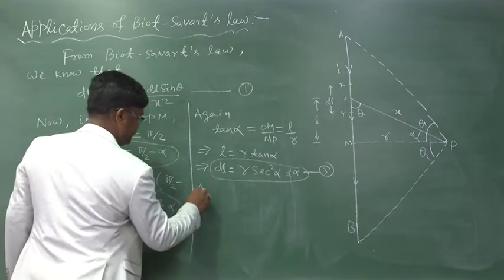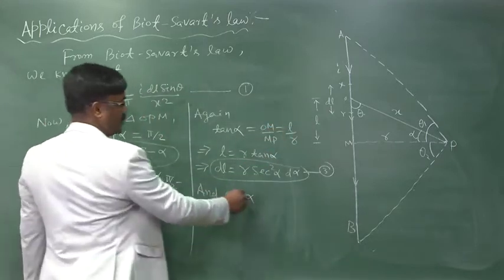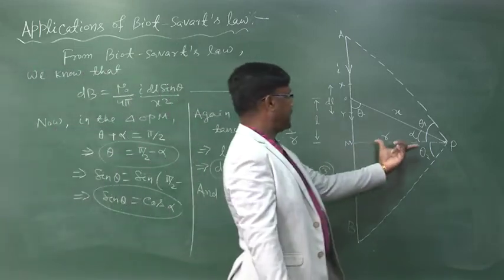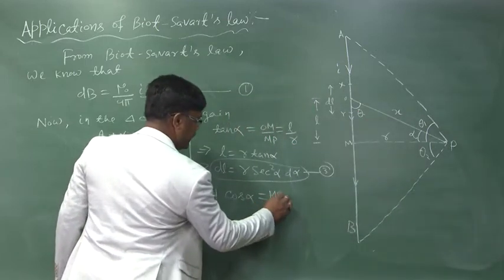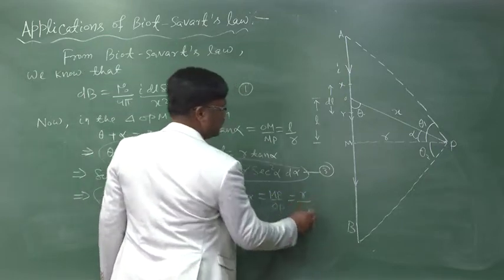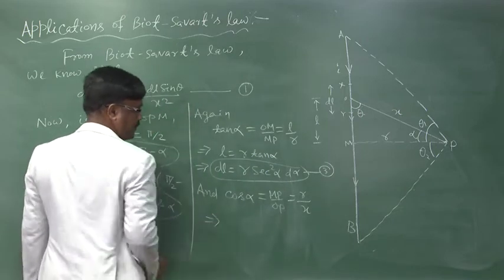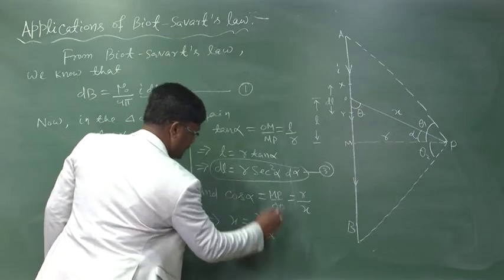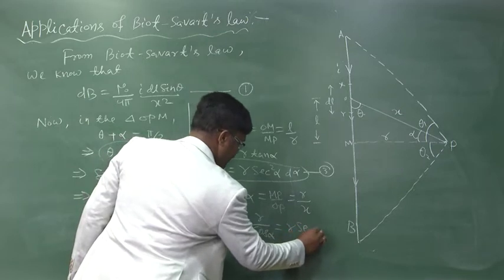And in the same triangle OPM, cos alpha equals how much? Base by hypotenuse, that is MP by OP, where MP is R and OP is x, which implies x equals R by cos alpha, which is equal to R sec alpha.